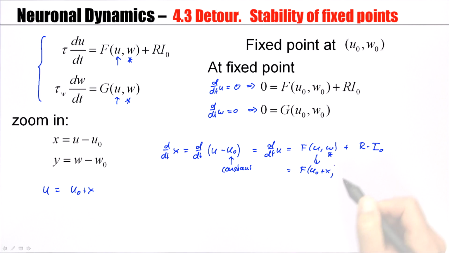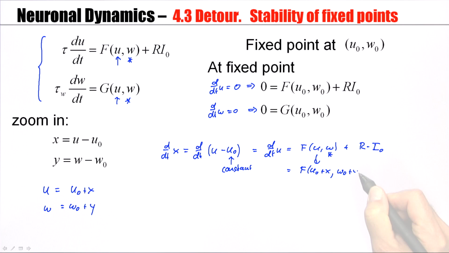Now, what about w? W is w0 plus y. So let's plug that in, w0 plus y. And I copy the rest. X is small. We stay in the neighborhood of u0. F is assumed to be a very smooth function. So we can do a Taylor expansion.